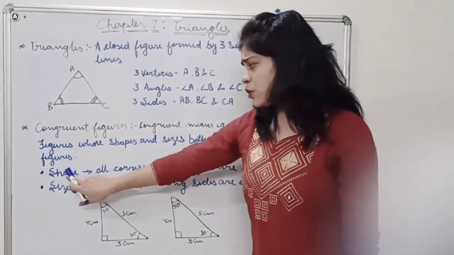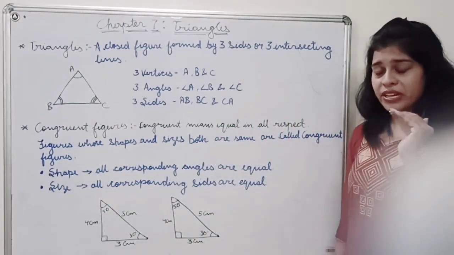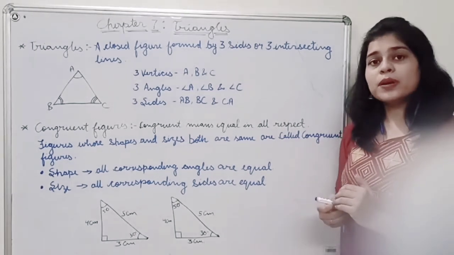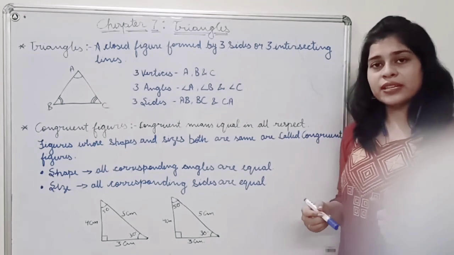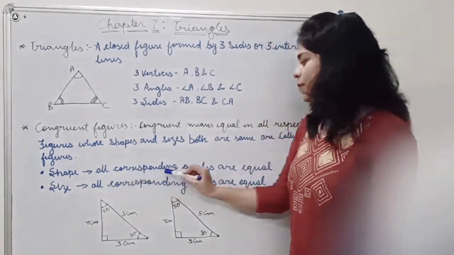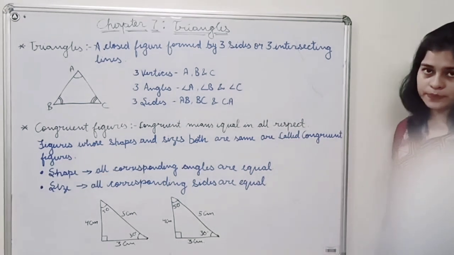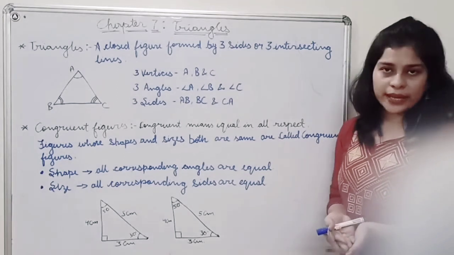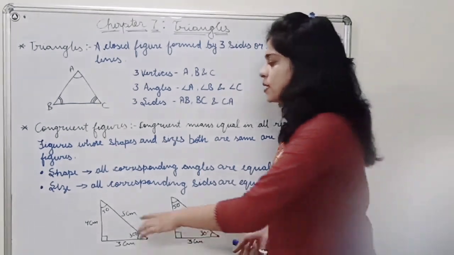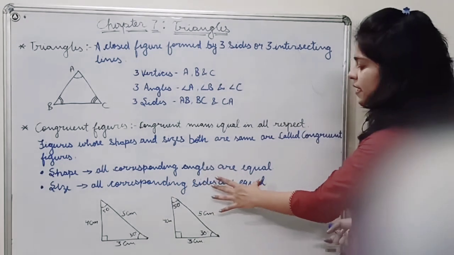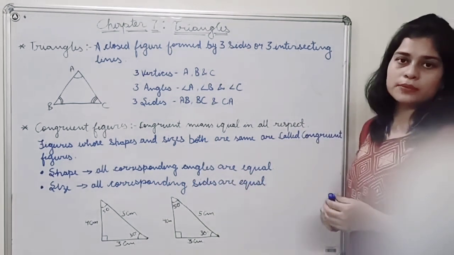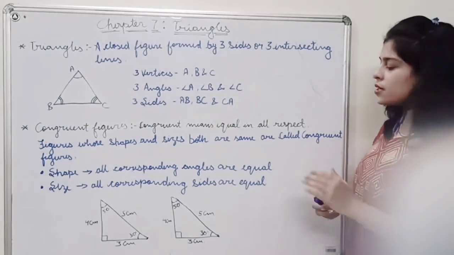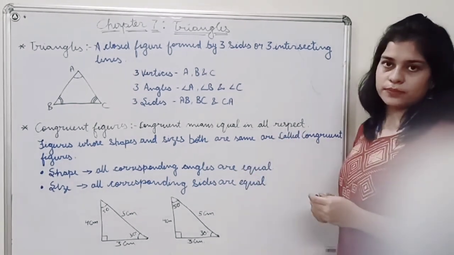In respect of shape, if any two or more figures have equal shape, it can be equal if and only if all the corresponding angles are equal. Things which have equal size will obviously have equal area. So for size, all the corresponding sides must be equal, means necessarily all sides of the two or more congruent figures must be equal.